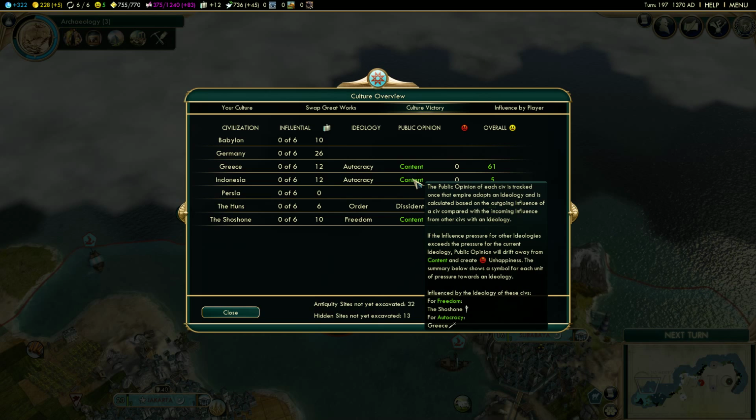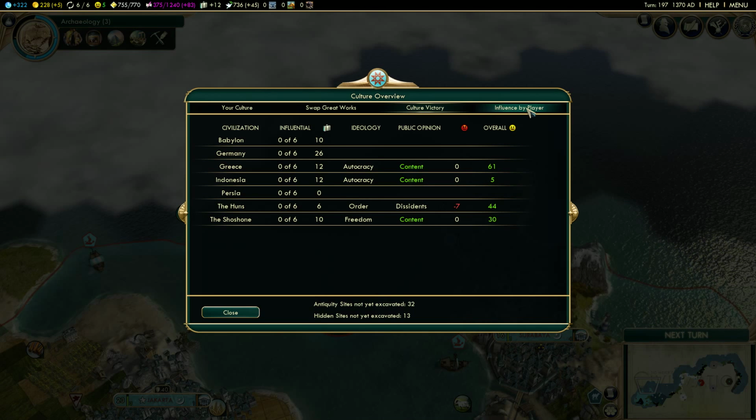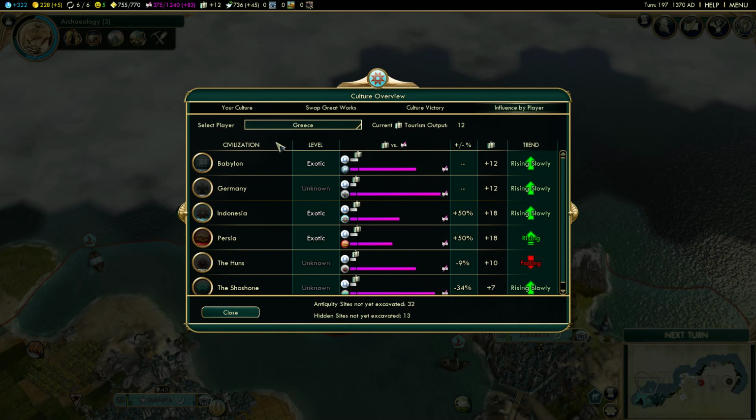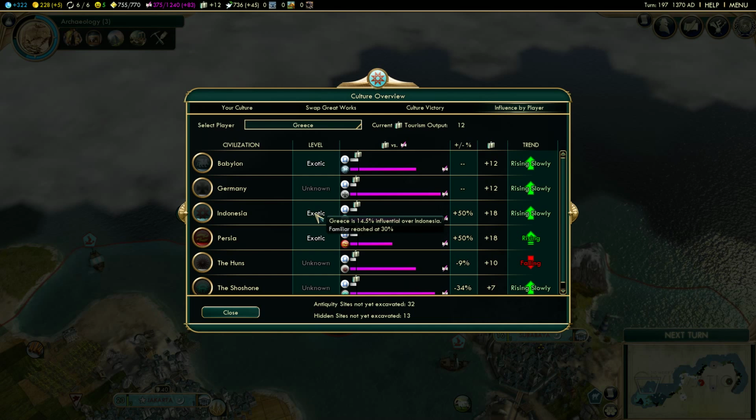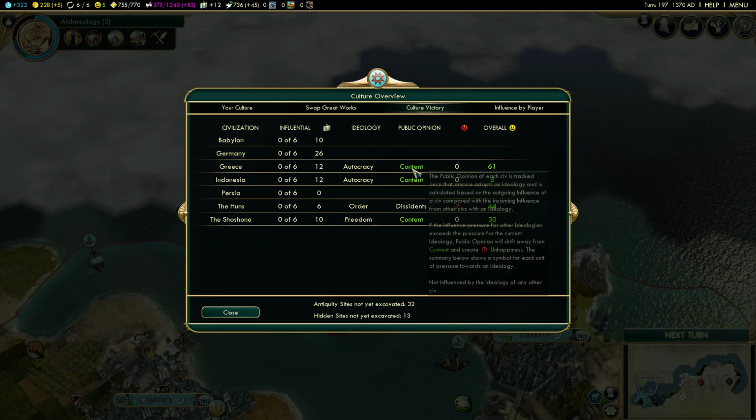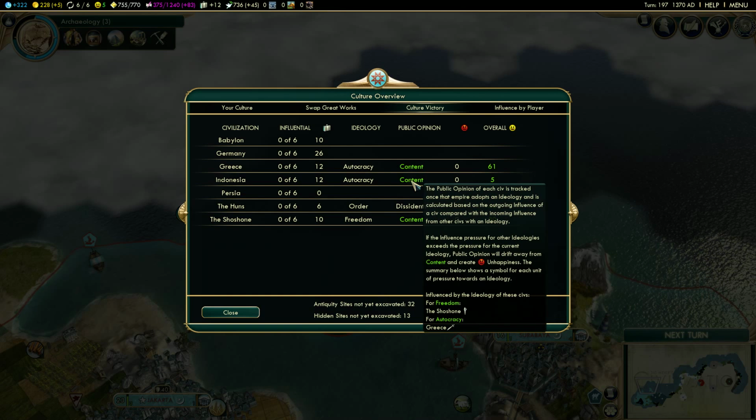It stacks up both from multiple civilizations and from higher levels of influence. So, if Greece gets to familiar or influential, then their amount of influence over me will increase, and the same goes for the Shoshone.